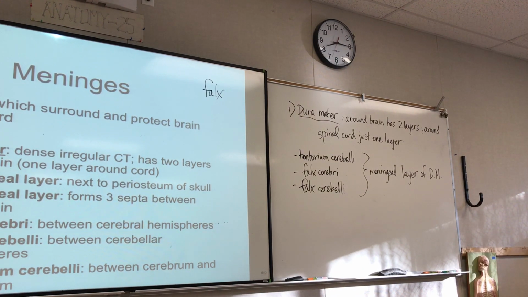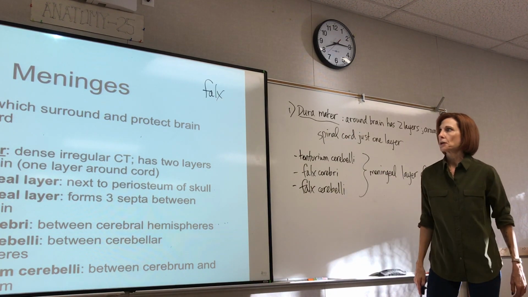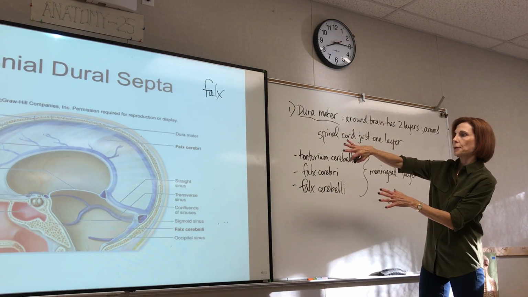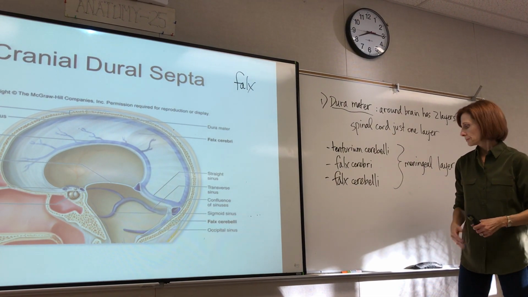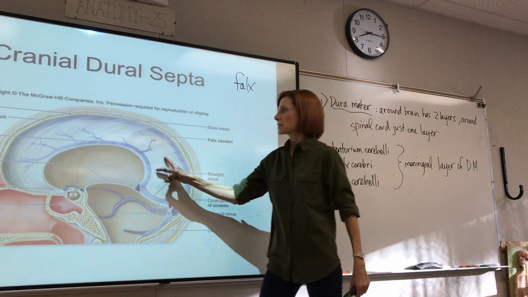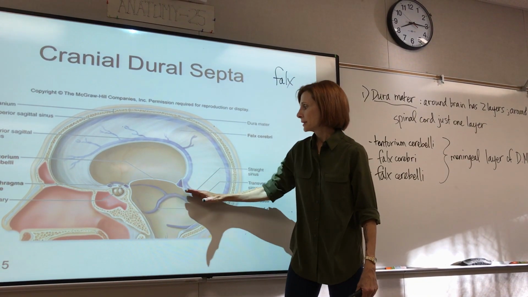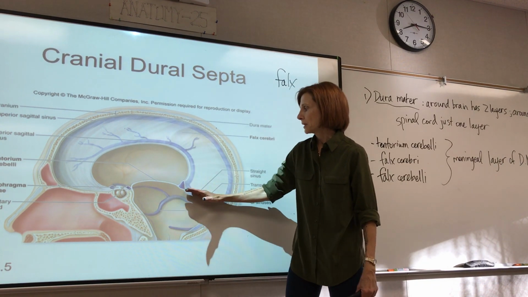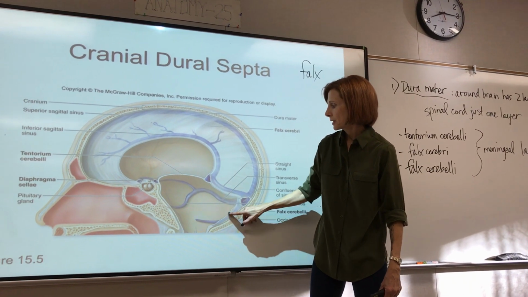Now you guys do have a diagram that shows this, so when you are not here with our trusty models, you can use this diagram. It's basically the same thing as the model. Falx cerebri, this kind of cut edge here is the edge of the tentorium cerebelli. And then here, this little short piece is the falx cerebelli.